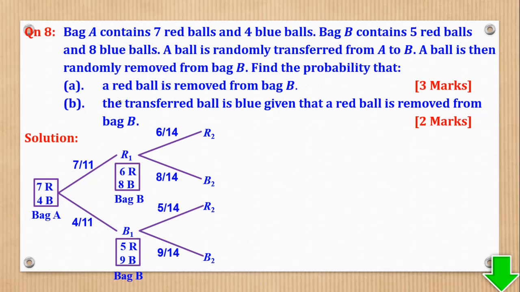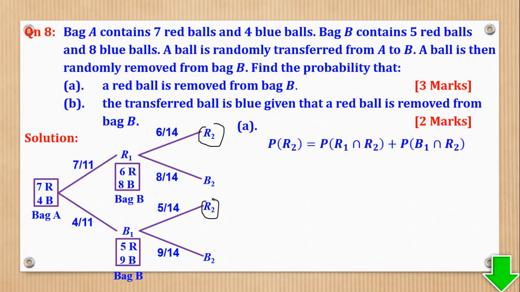Find the probability that a red ball is removed from bag B. So P(red) will be, there's red here and red here. This red comes from R1 intersection R2, which is this. And this red comes from B1 intersection R2, which is this.